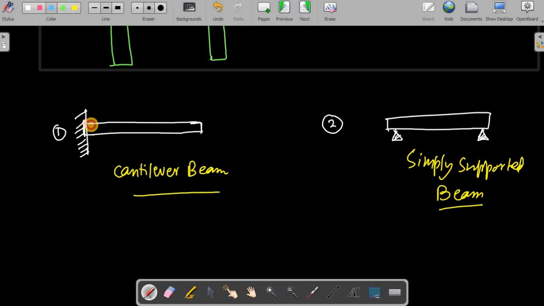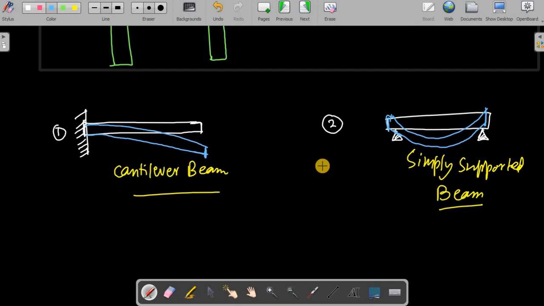For example, with this type of cross section beam, due to self weight it will bend in this way. Why will it bend like this? Because there are loads due to its own weight. And this will be bending in this manner due to self weight.